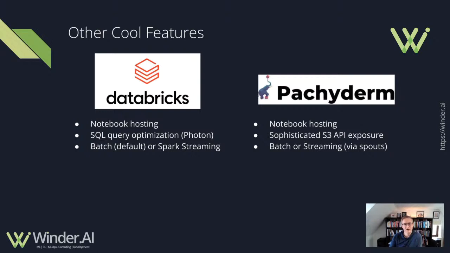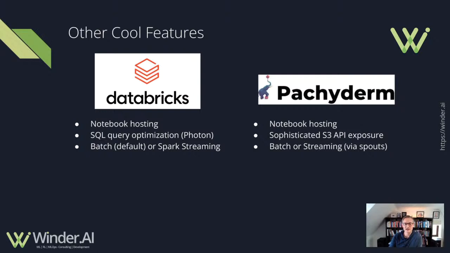to it as well. On Pachyderm's side, they also have notebook hosting, and they also have quite a sophisticated S3 API that you can expose from the end of your pipelines, which allows other systems or applications to interact with the data via an S3-like interface, which is really useful actually for integration purposes.